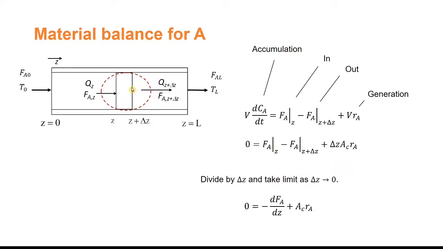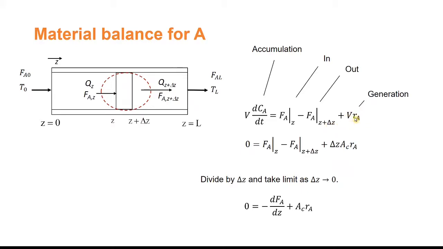So, to write our material balance, we go back to our fundamental balance equation, which is the rate of accumulation of A, that is, the volume times the change in concentration of A with respect to time, and that is equal to the A flowing into the control volume, which is FAZ, minus the A flowing out of the control volume, or the flow coming out of axial position Z plus delta Z. So that is FA at Z plus delta Z. Now we have to write a generation term.